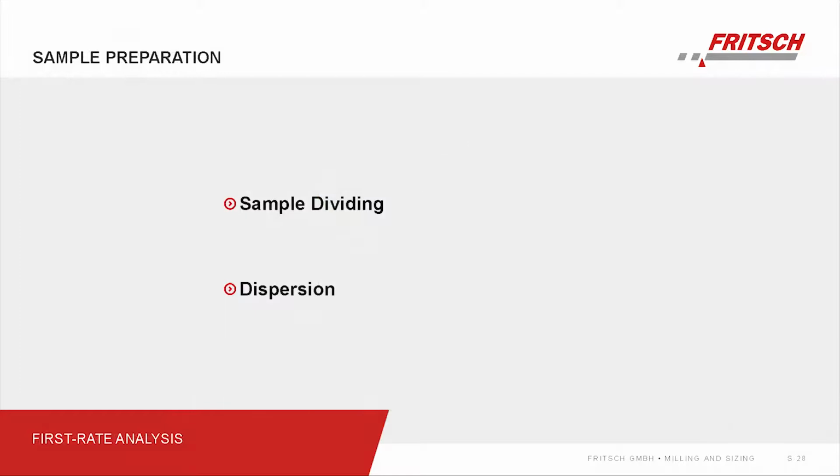Let's summarize. Sample preparation basically consists of the sample dividing, which was mentioned, and of course the dispersion. So these are the two main error sources when talking about sample preparation.